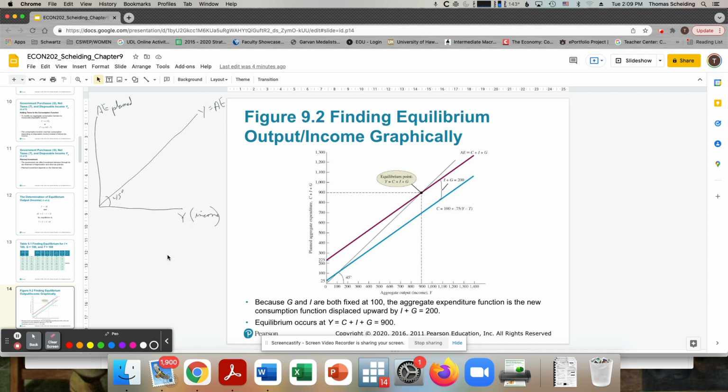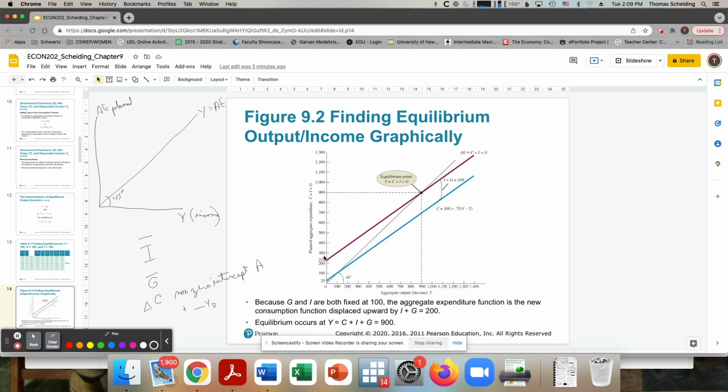And what we saw already in that previous table is that investment levels were fixed, government spending was fixed, so that's your I and G, but the consumption changed. It had a non-zero intercept, right? That was the A term, the amount they need to survive or whatever it is, plus a portion of my disposable income.